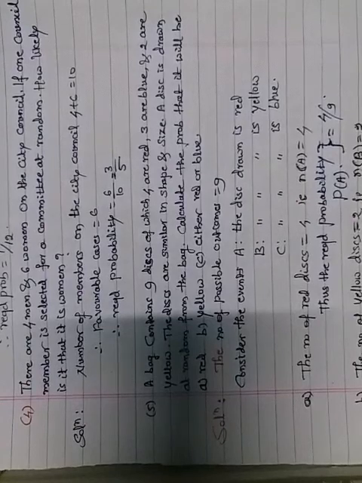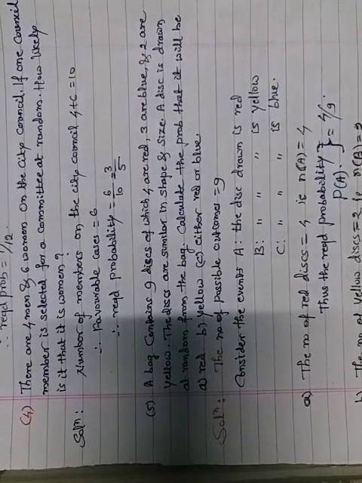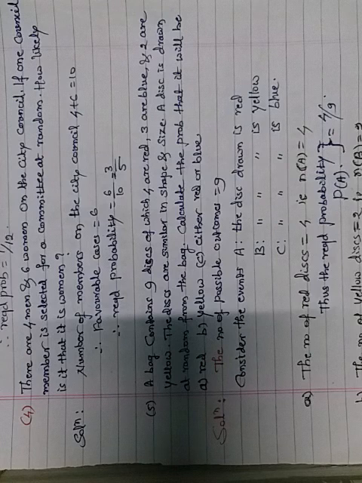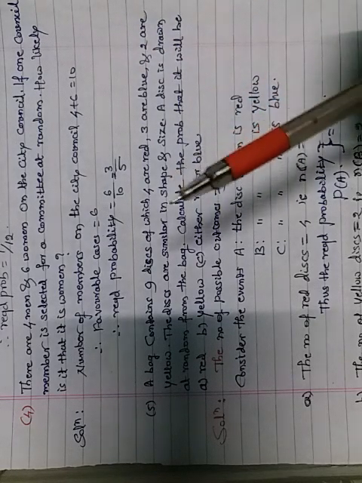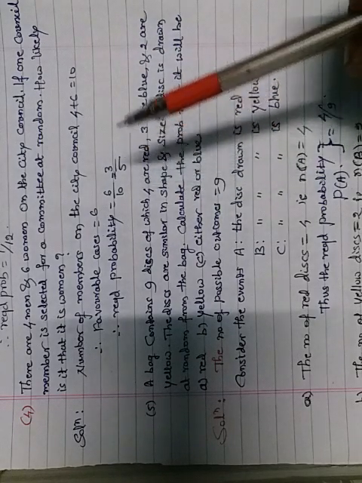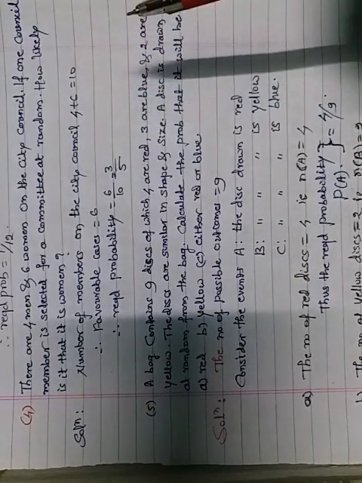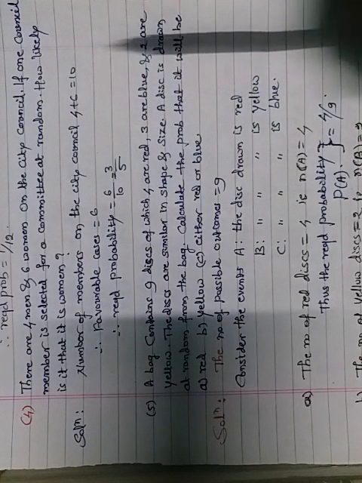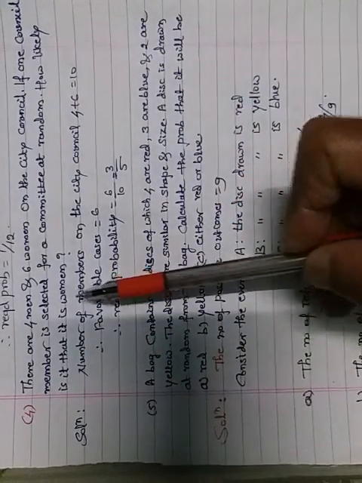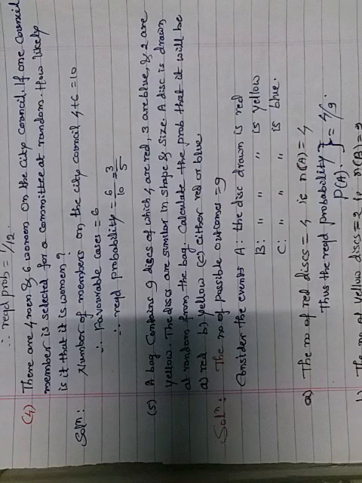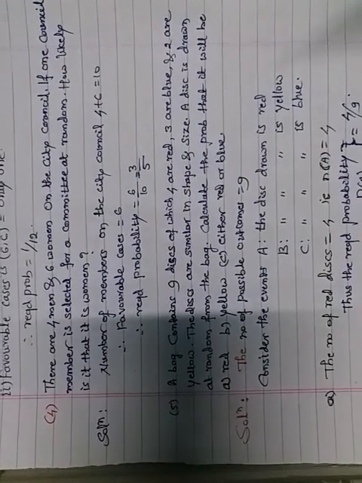Continuing with the next question, number 4. There are 4 men and 6 women on the city council. If one council member is selected for a committee at random, how likely is it that it is a woman? First, understand the question.